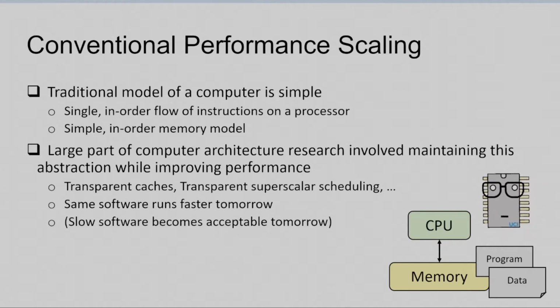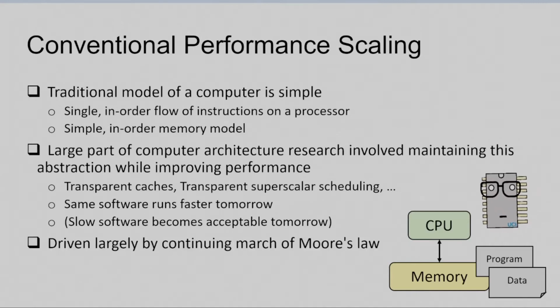And of course, if we had written very slow software today, it may become acceptable tomorrow, because again, the CPU and the memory and everything is going to become faster. That was good for a while.